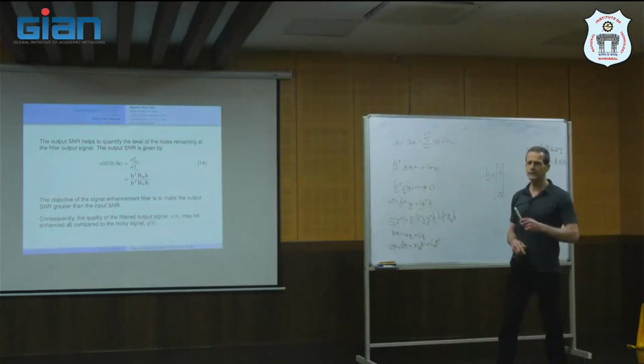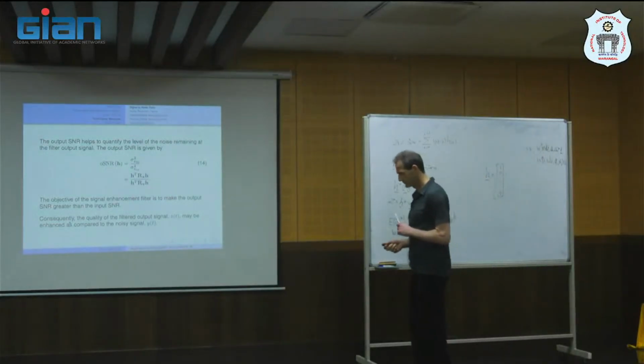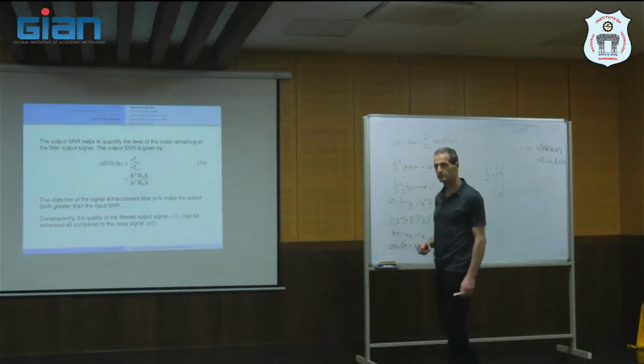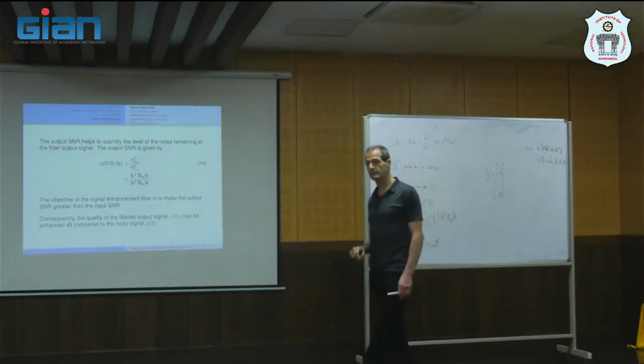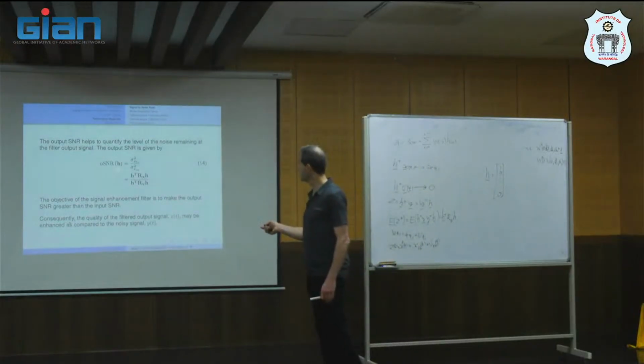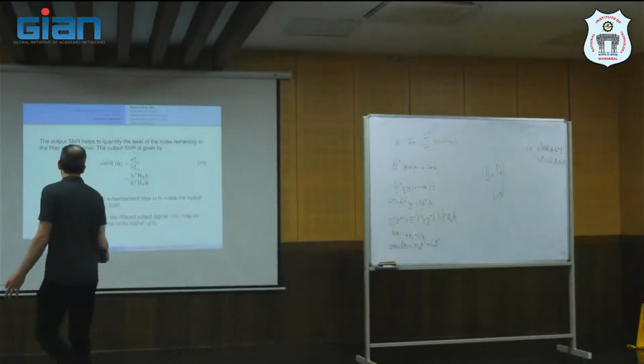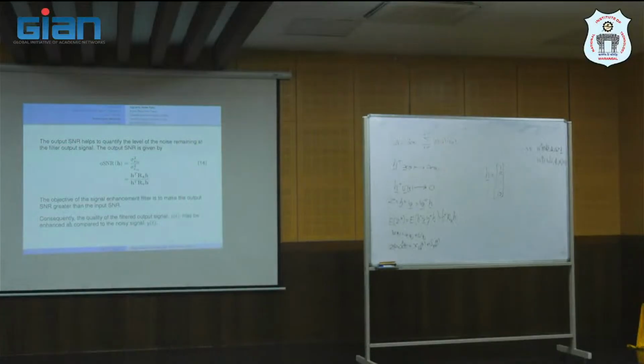So for example, I can ask you how to find this vector H such that the output SNR, or the gain in SNR, will be maximum. You see, the input SNR is independent of H, it is the input. But after the linear filter, the estimator, how do I find H such that the output SNR, or the gain in SNR, same, will be maximum?